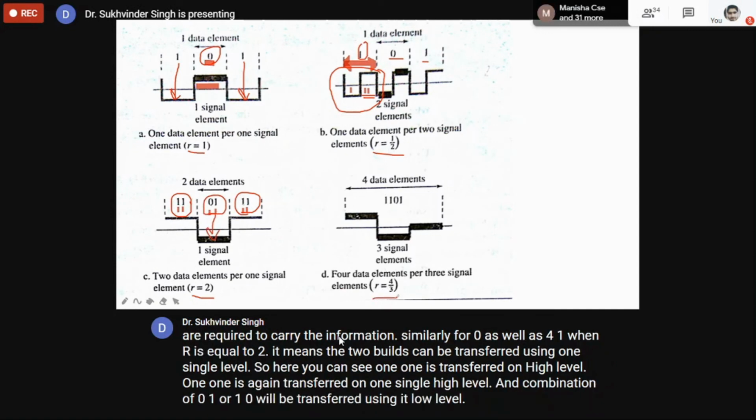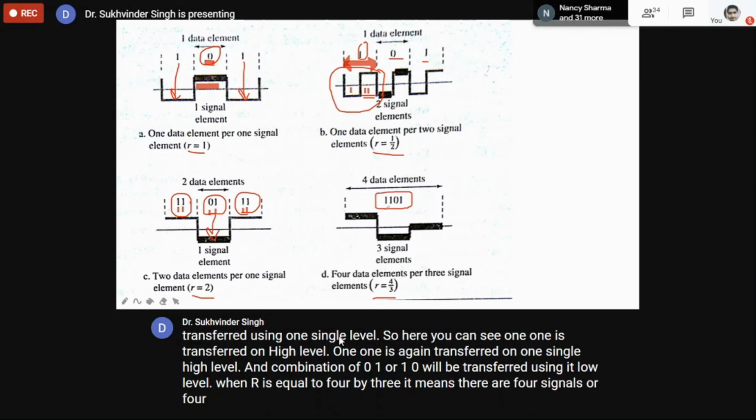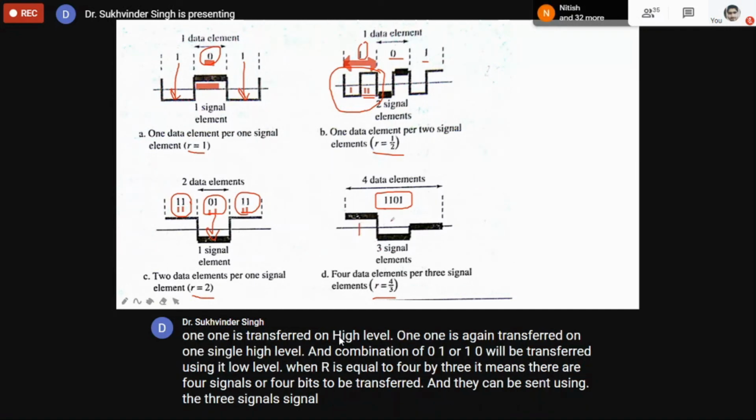When R is equal to 4 by 3, it means there are 4 bits to be transferred, and they can be sent using 3 signals: signal 1, signal 2, signal 3.